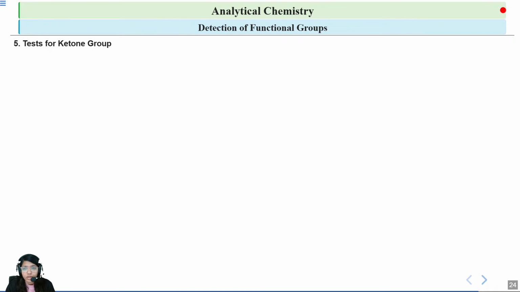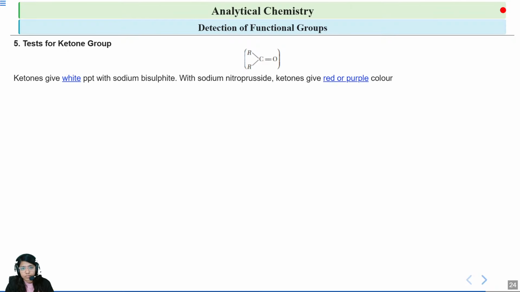Next we have the test for the ketone group. This is the general representation of the ketone, where the carbonyl carbon is bonded to two alkyl groups and an oxygen atom. Ketones react with sodium bisulfite through a reversible nucleophilic addition reaction to form a bisulfite adduct, which precipitates as a white crystalline solid.